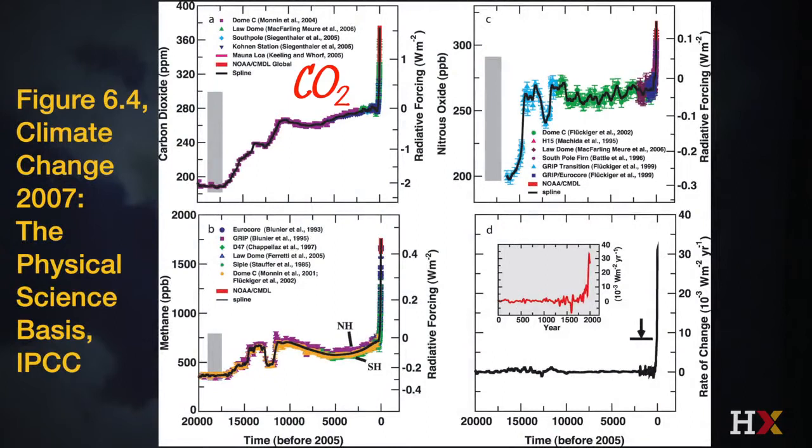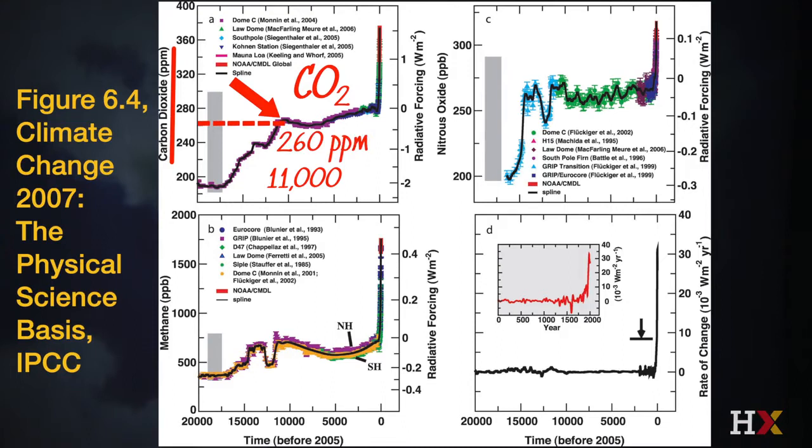And so if we're looking at the carbon dioxide mixing ratio in the atmosphere in parts per million, the end of the last ice age occurred right here 11,000 years ago, and that occurred just as CO2 hit about 260 parts per million.